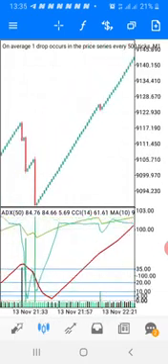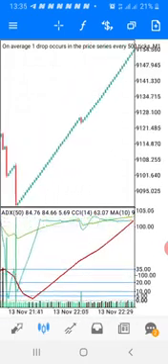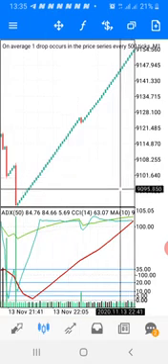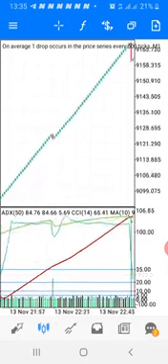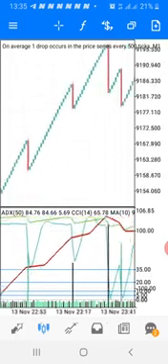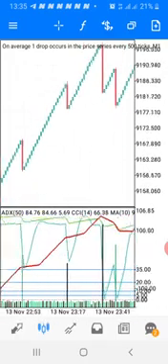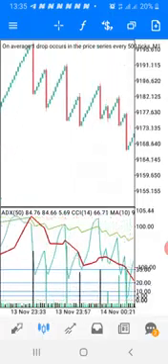Yeah, this is it. You see what I'm saying? It crossed here, but it didn't signal. It crossed here, but it didn't signal, until finally here, which is when I place it.